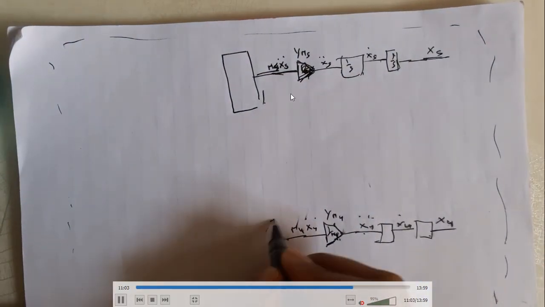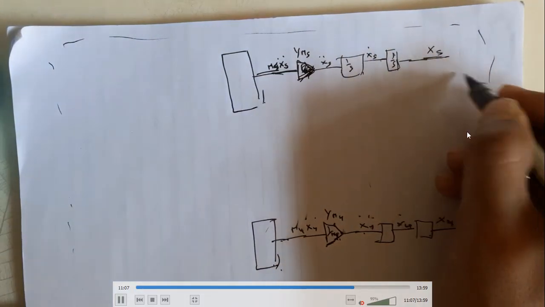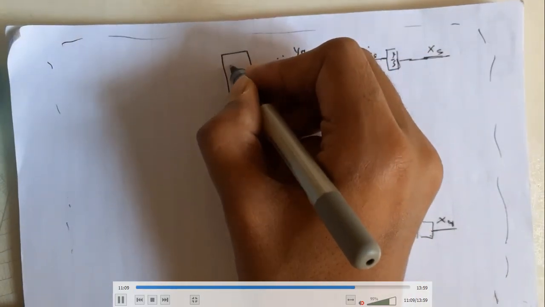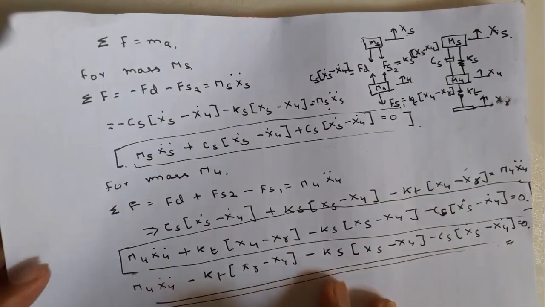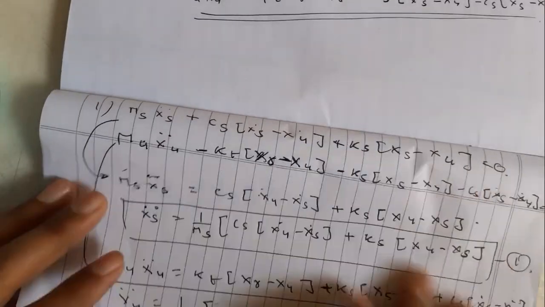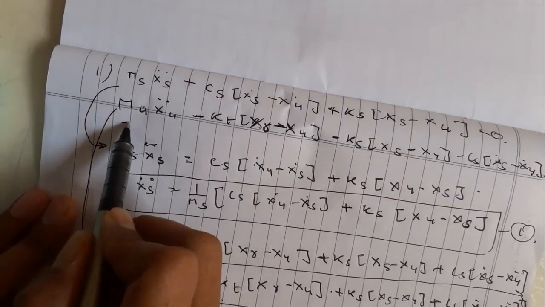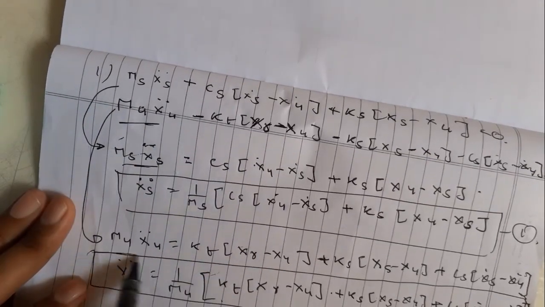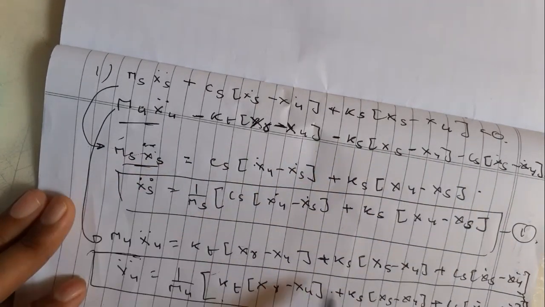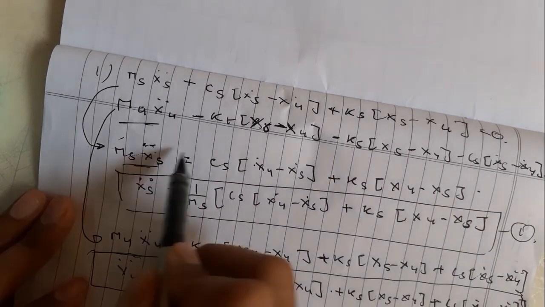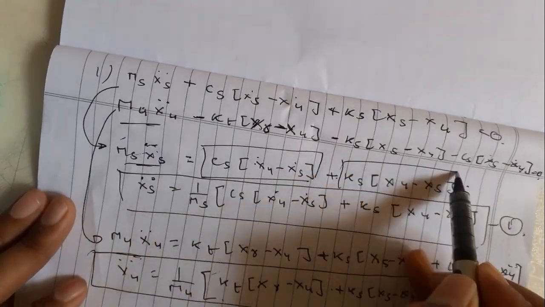So these are some variables. Whatever goes in the output comes out as the addition of them. So as you've seen, xs double dot we had. So now we are having ms xs double dot and mu xu double dot. So what we can say is that this is equal to this box plus this box.